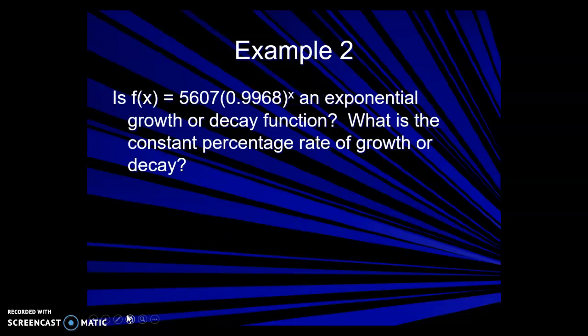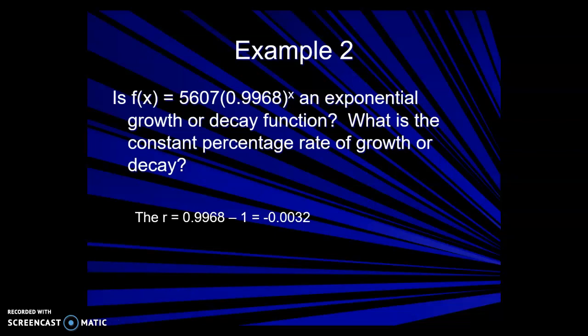This question is asking you, is this a decay? What is the constant percentage rate of growth or decay? Well, first, notice inside the parentheses, this is less than 1, so it's showing me that it's a decay. Now you just have to figure out how much less than 1 it is. So take 1 minus this, and you can figure out how much decay is going on here. They did it a little bit differently.